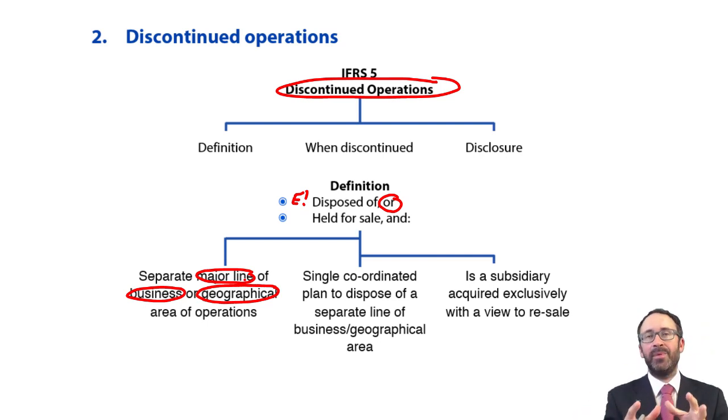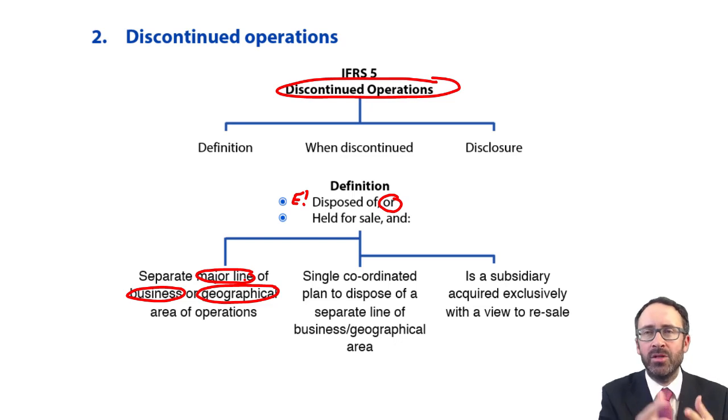So it has to be a major part of your business, not just one small element. It has to be, if you like, one big part of the operations that you have within the business. Okay, it has to be a geographical area.